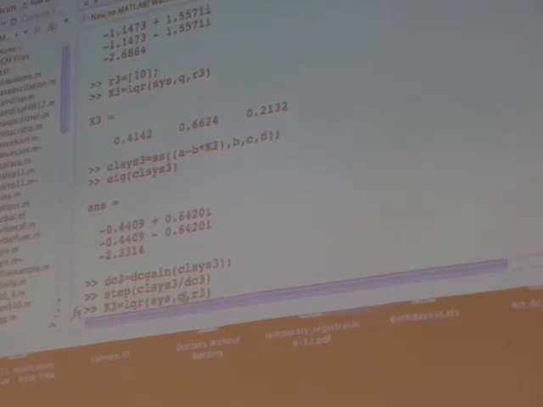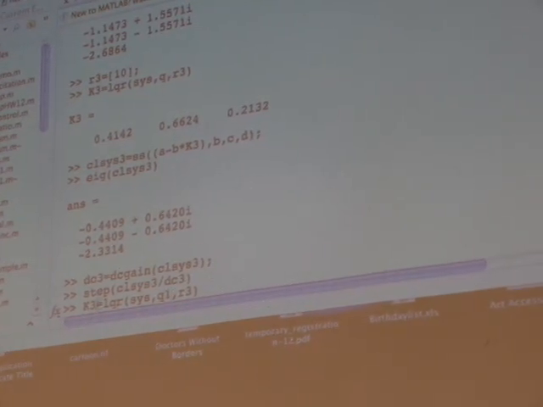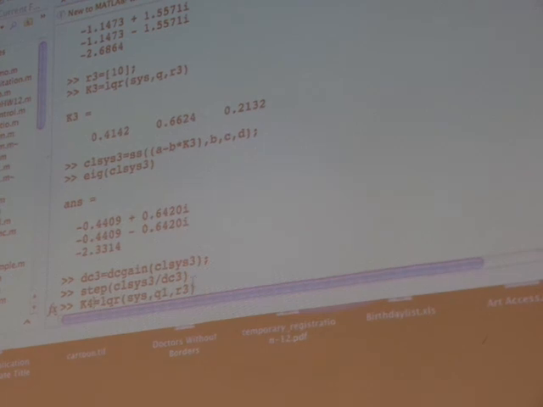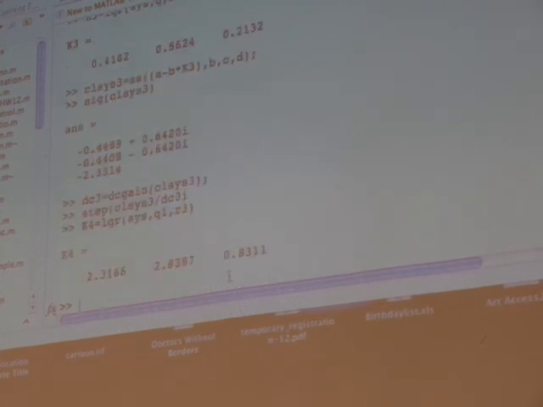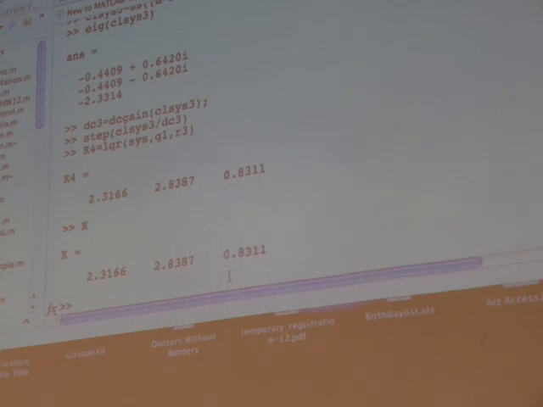This was Q1. That's what it is now. That was our original set of gains. They're the same.